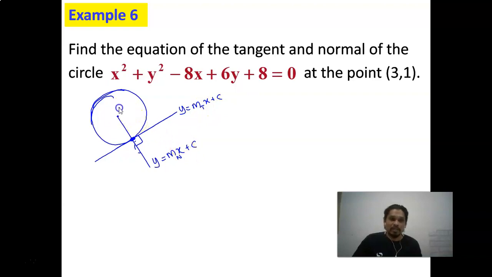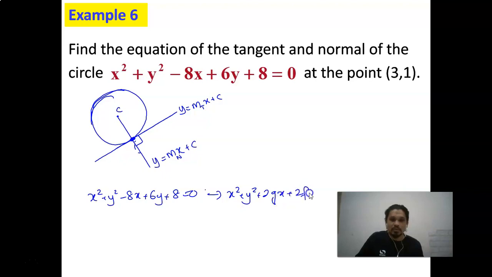So how do we find the gradient of tangent and normal? We need to find the center, and then find the gradient between the center and the point 3, 1. We compare x squared plus y squared minus 8x plus 6y plus 8 equals 0 with x squared plus y squared plus 2gx plus 2fy plus c equals 0.